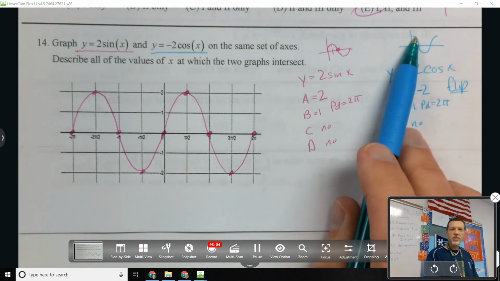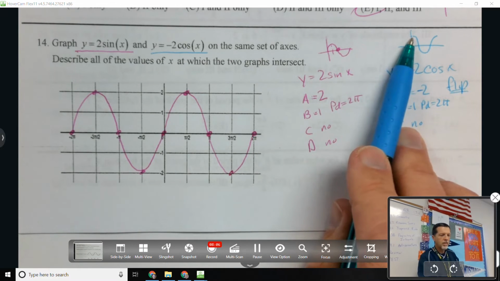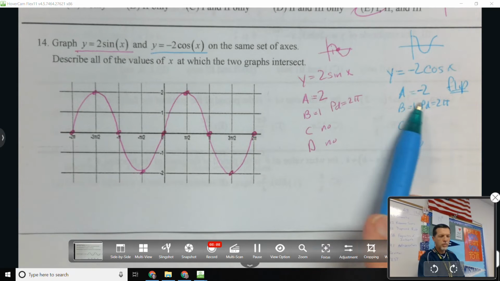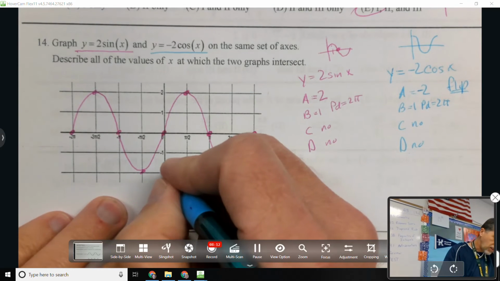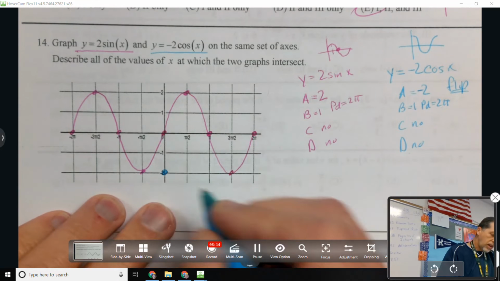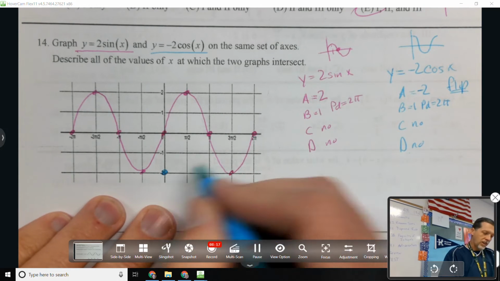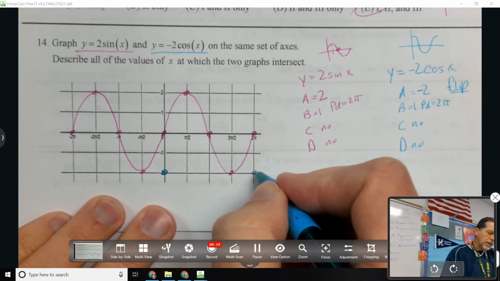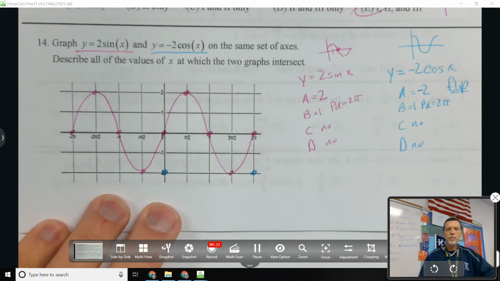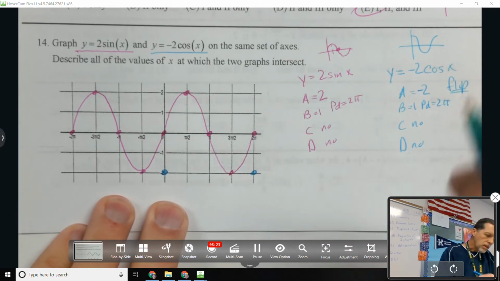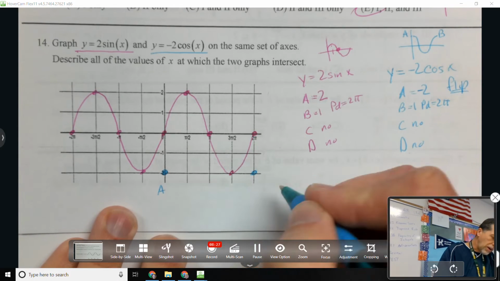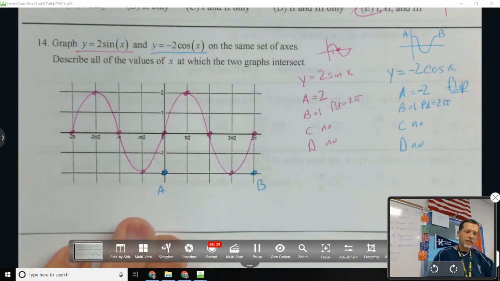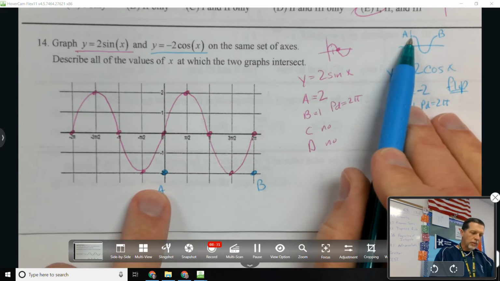Cosine normally starts at a max, but this one's going to start at a min because it's been flipped. So I need to start at negative 2. And whatever y value it starts at is the same y value it ends at because it's going to start over there. Sometimes if it gets complicated, people start labeling their points. Like that point A got flipped to this point.